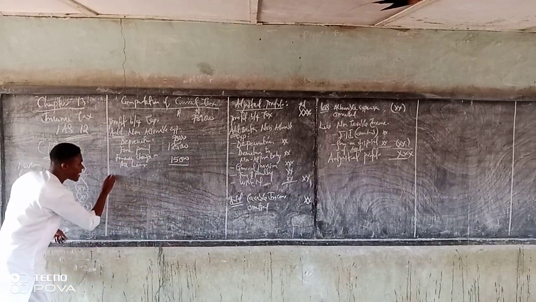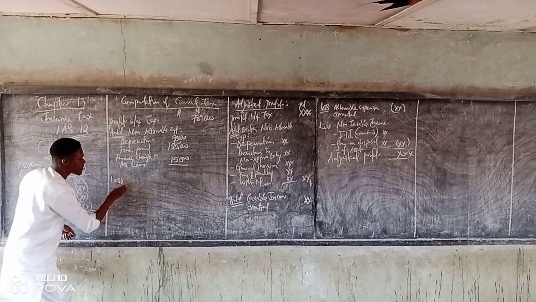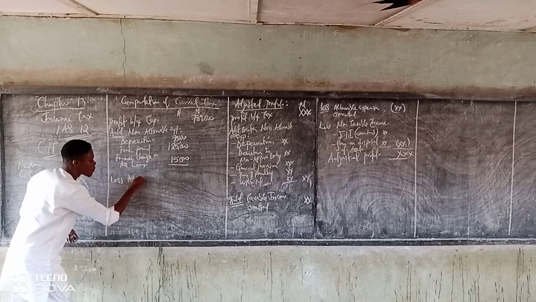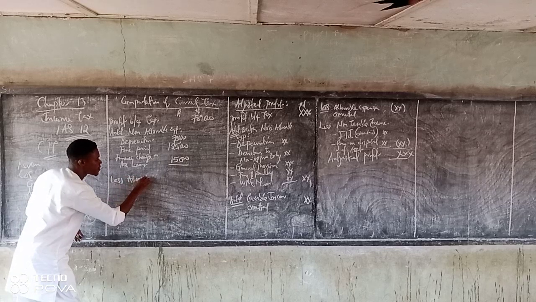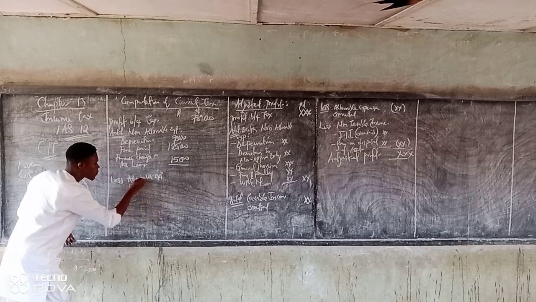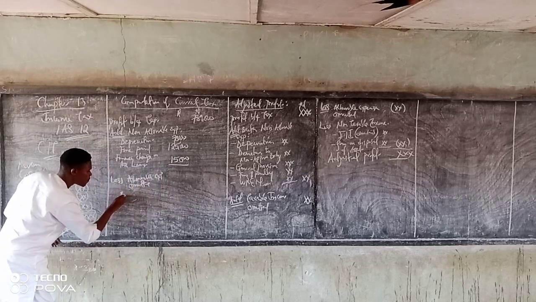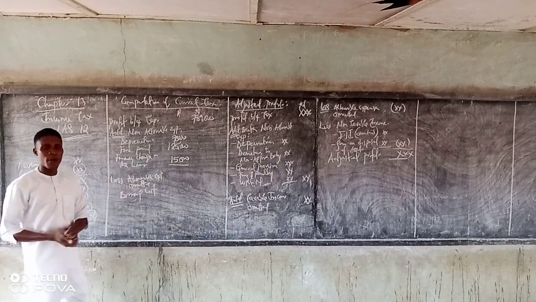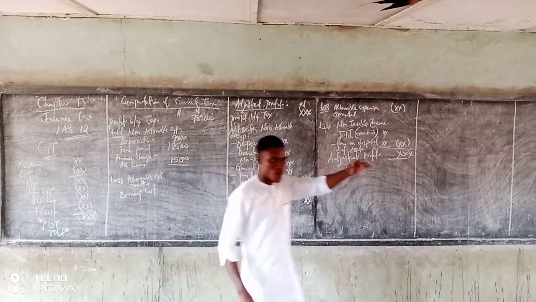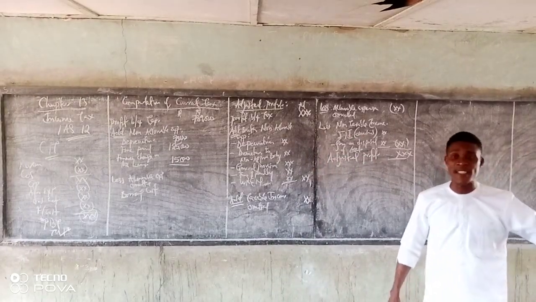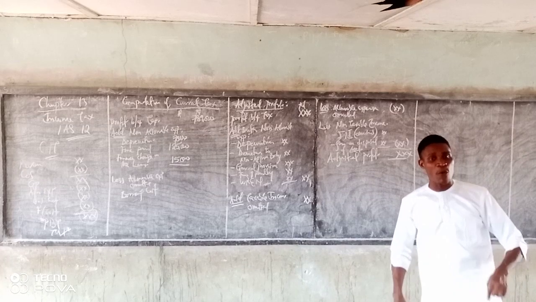Let's now go to the less: allowable expenses omitted. Number one is the borrowing cost. Because we are told that out of borrowing cost of 70,000, we have expensed 60,000. The remaining 10,000 was capitalized.